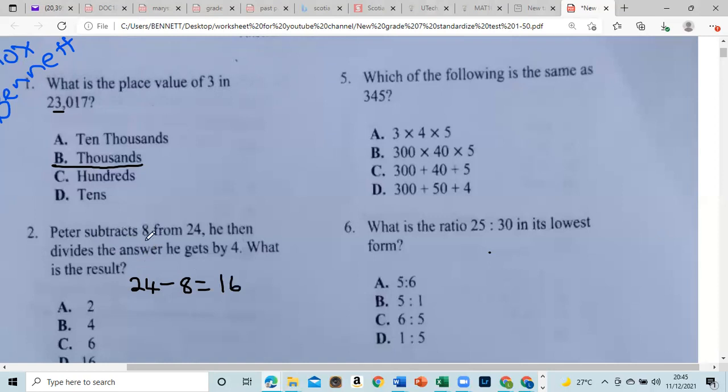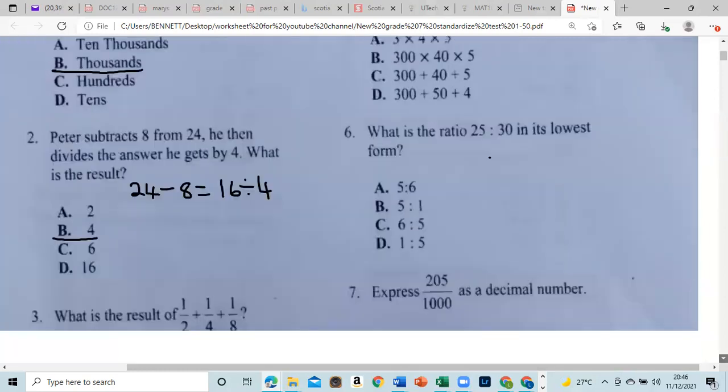And he divides the answer by 4. So it's 16 divided by 4. So that should give us 4. All right, so that is B. Let's move on to number 3.